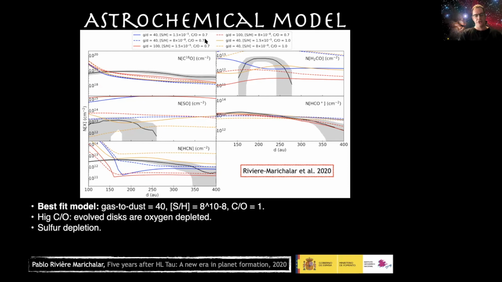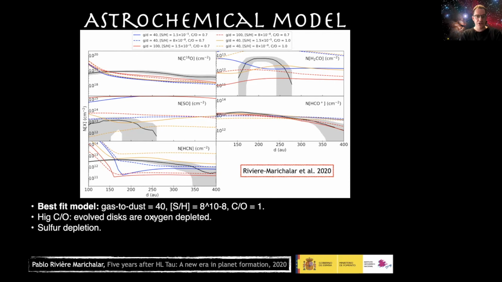And we also tried oxygen poor and normal oxygen abundances. You can see here a comparison of the profiles of the different models and the observed column density radial profiles.